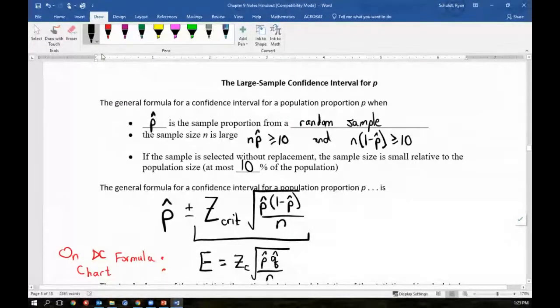So it's the same exact thing, just written different. I just don't want that to come as a surprise to you when you take the test on Wednesday and you're like, you said these formulas would be on here and they're not. I don't know how to do this. Same concept. Just different symbols.